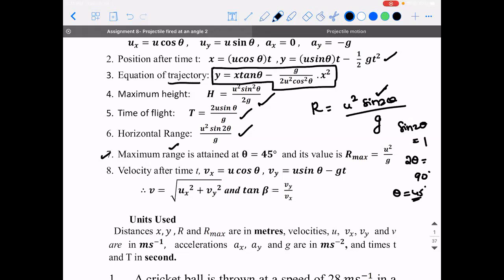So maximum range for a fixed velocity can be attained when the angle of projection is 45 degrees, either with respect to the horizontal or with the vertical, because 45 degrees with respect to 90 is an angular bisector, right? And what is going to be the maximum value? It is u square divided by g, because sine 2 theta will be 1. So R will be u square divided by g.